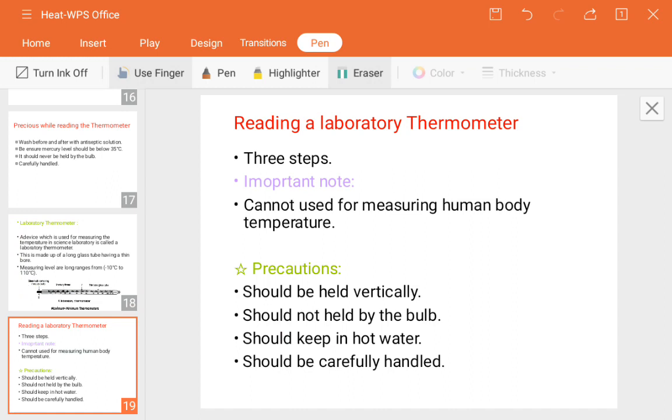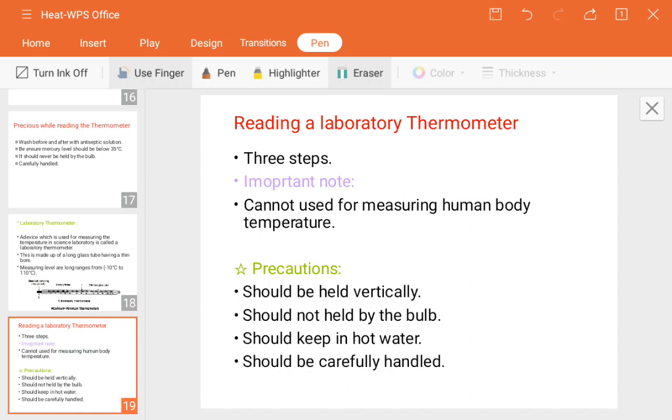There is one logic here. Suppose you are doing an experiment with a liquid solution, and you are measuring it. You have to take that reading after 5 minutes. Then what will you do?